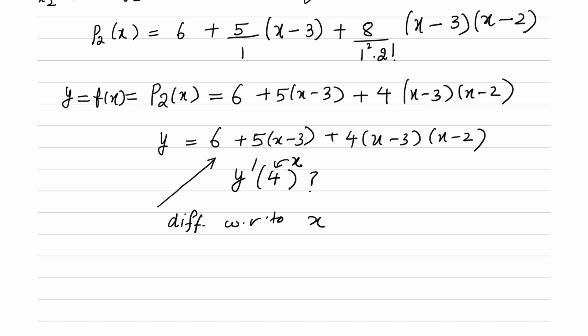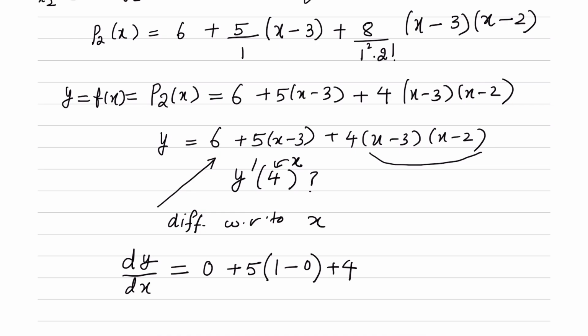When we differentiate the y expression with respect to x, on the left side we get dy by dx. On the right hand side we calculate the derivative of all the terms. The derivative of 6 with respect to x is 0. We keep 5 on the side, and the derivative of x minus 3 with respect to x is derivative of x, which is 1, minus derivative of 3, which is 0, plus 4 on the side, and now we have to calculate the derivative of x minus 3 into x minus 2 by using the product rule.